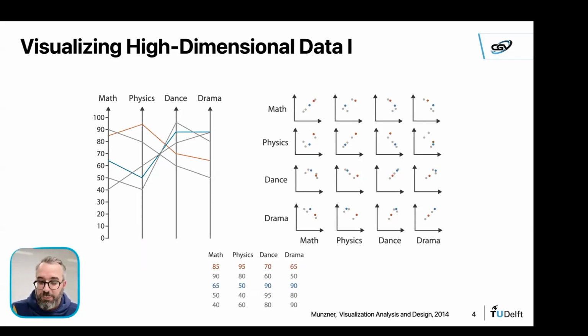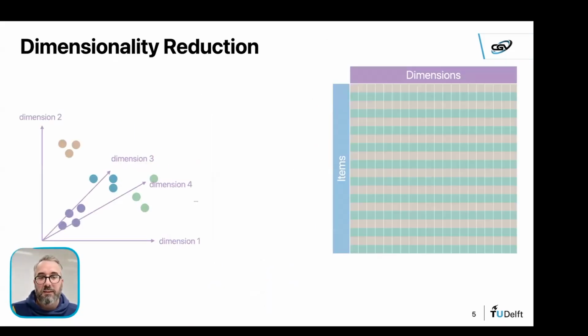So what has been the go-to tool in recent years is using dimensionality reduction for visualization, right? You have some high-dimensional data like you see here on the left. I tried to indicate the 4 dimensions, but actually every column of your table would be a dimension here.